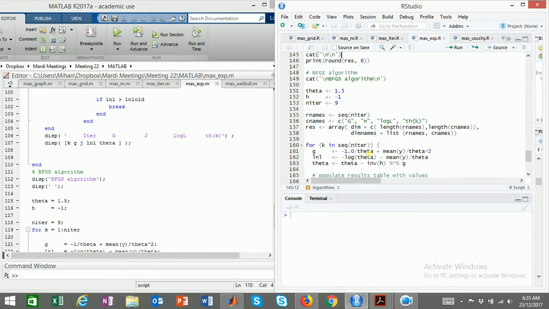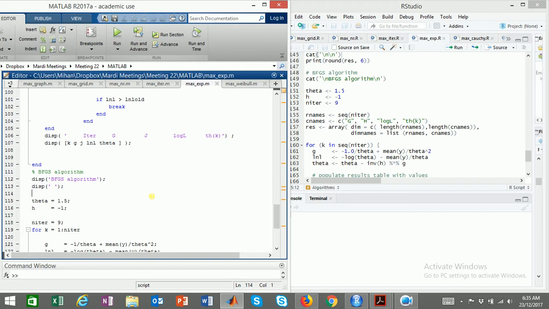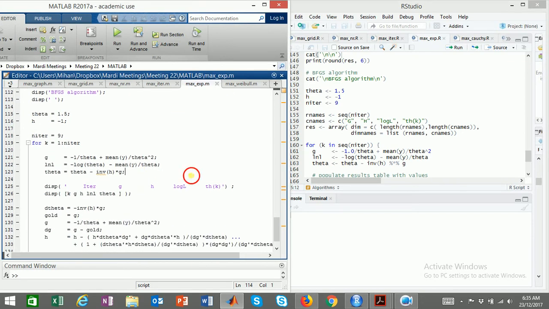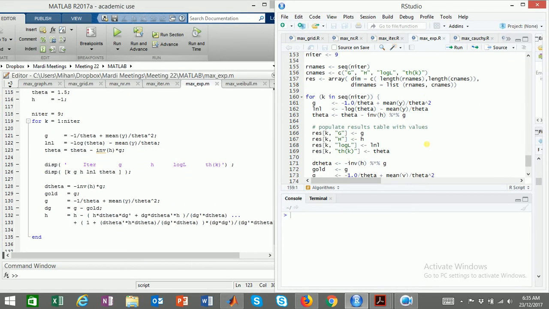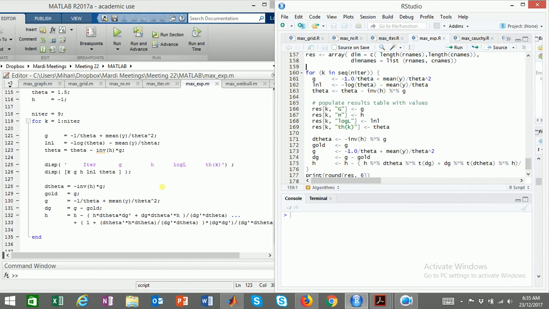Then the BHHH algorithm, theta h, the number of iterations is 9, given. For k equal to 1 to the number of iterations, everything is already given there. D theta, BHHH inverse of h, g divided by minus g by h, g old equals minus 5, dg is delta g, so we're talking about delta g.